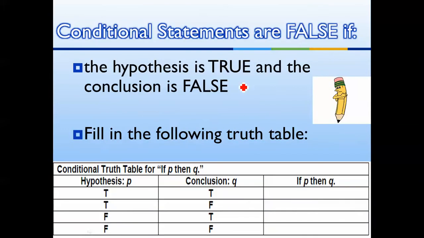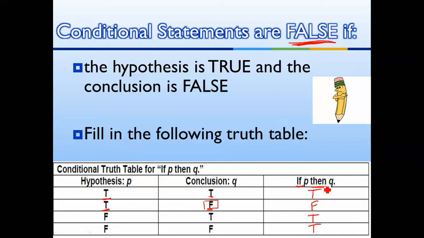So the hypothesis is true and the conclusion is false is what makes a conditional statement false. That's the only time it's false. So if we go down here, we look for where the first part is true. We look at those. And then we look, where's the second part false? Oh, here it is. So this is false. Everything else is true for our if-then.